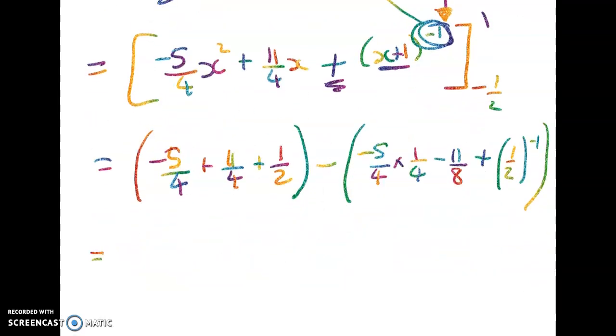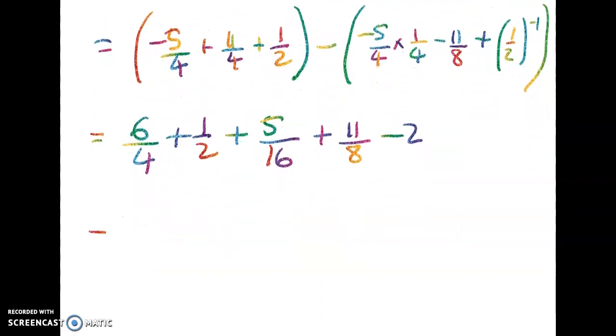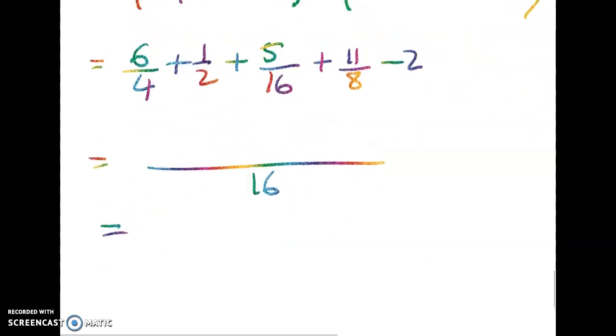I know you guys are going to get your calculators out to do this, but we can clean it up and we get 6 over 4 plus 1/2 plus 5/16. Okay, this is just really quite tedious now. So minus 2, and we do all of that. The common denominator over 16. But you're going to use your calculators and you end up with 27 over 16.